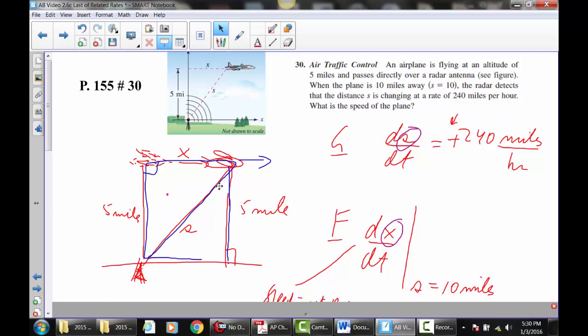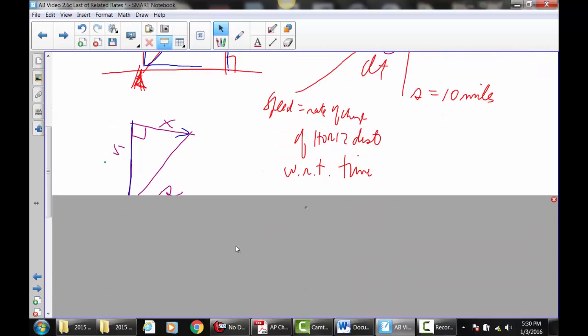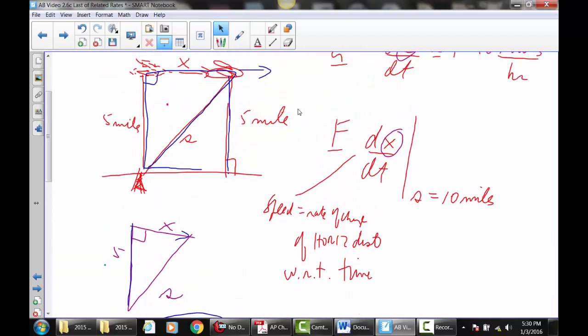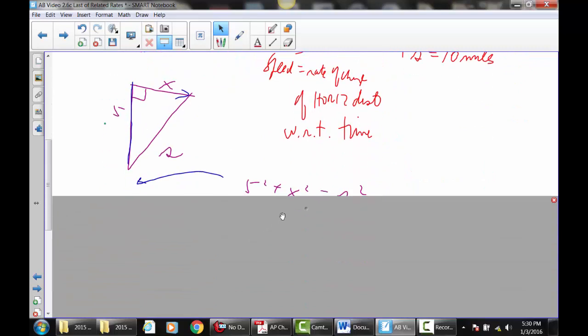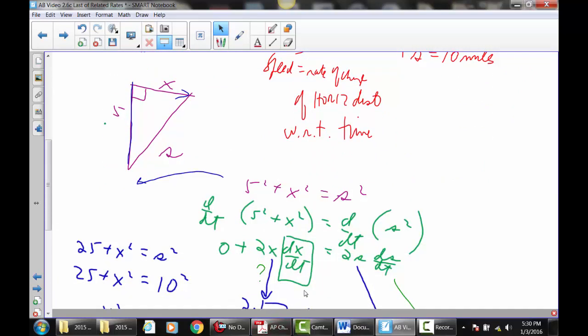Here's your 5 miles, your s, your x. I'm just going to look at this triangle right here, where this would be x as well. It doesn't really matter how you look at it. Actually, I use the top triangle, so this is x, 5, and s. We need a relationship between s and x, and of course the Pythagorean theorem works perfectly. We're going to take d/dt of each side.